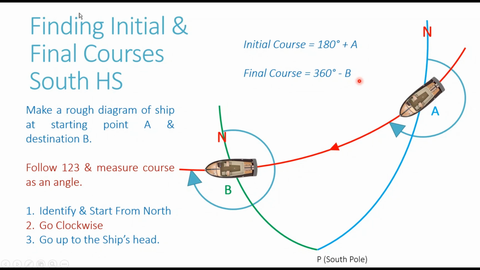So we have done these calculations, the courses calculation in the northern hemisphere as well as in the southern hemisphere, with the ship moving in an easterly direction as well as in a westerly direction. Now always remember that this method gives us the courses in the 3-figure notation or true notation.